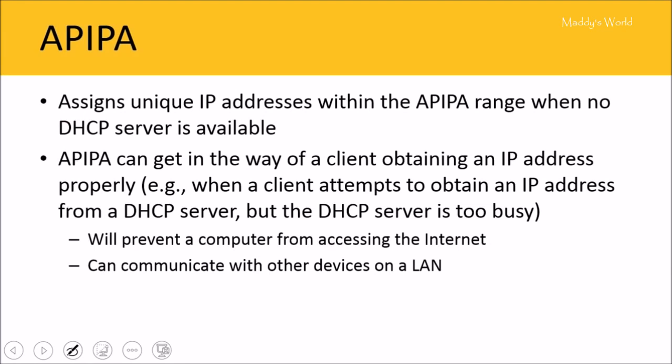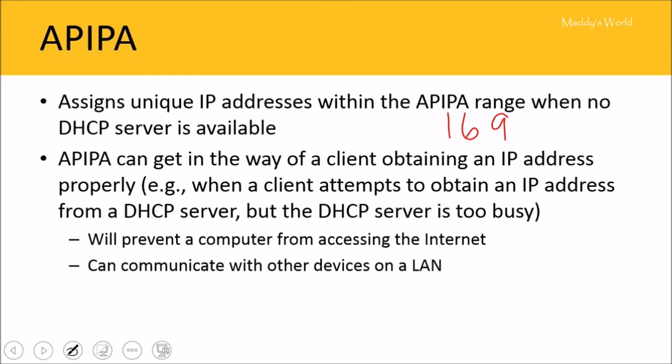All right, so we talked about APIPA a little bit earlier as well. APIPA is another networking service that makes things really nice for us. It assigns a unique IP address that starts with 169 when no DHCP server is available. And so APIPA though can cause us some troubles too, because if you have an APIPA address, a 169 address, then it makes it difficult for us to obtain an IP address properly from a DHCP server sometimes, right?